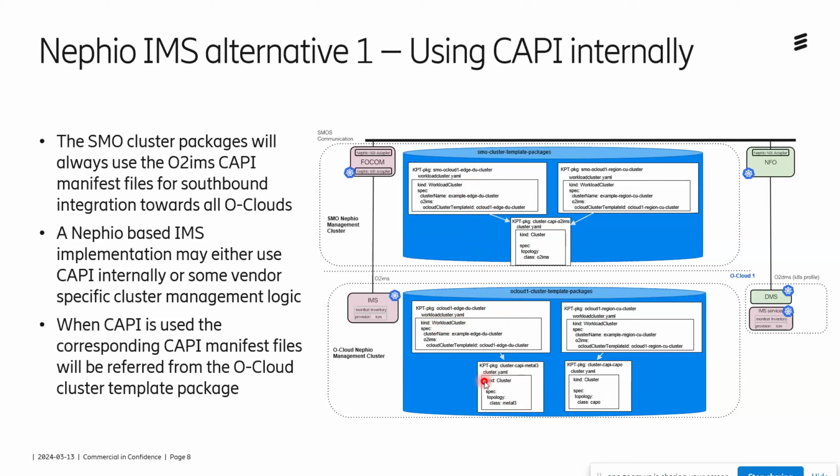If you are still using copy Metal 3 or the Capo plugin in an implementation, you might use that. If you have something else, like Google TNA, which has its own custom resources, you could include them as well in your package, and still expose this common workload cluster CR that is used to drive what you respond when you are querying for a package on the O2IMS interface.